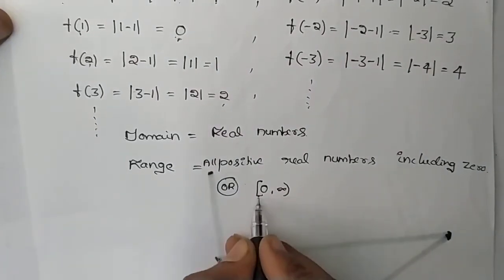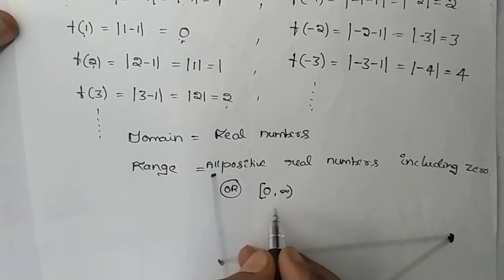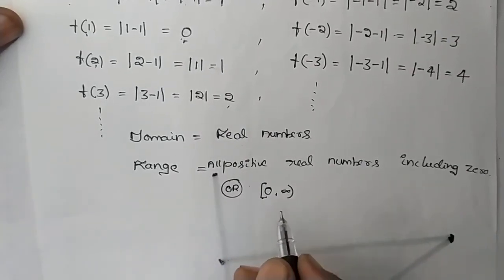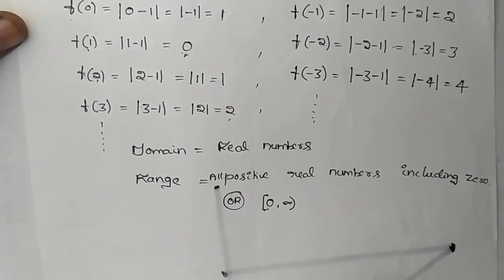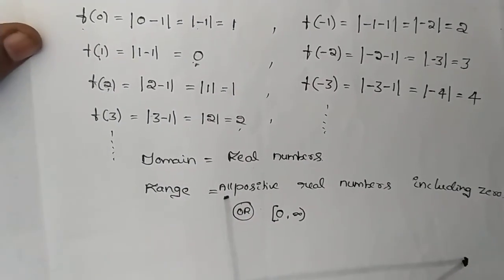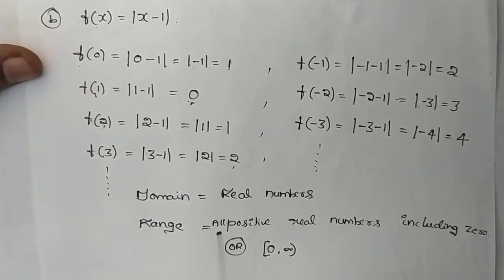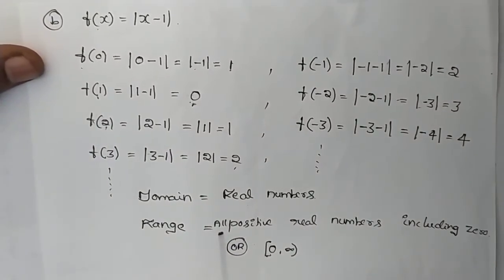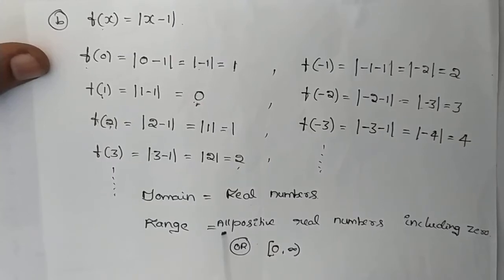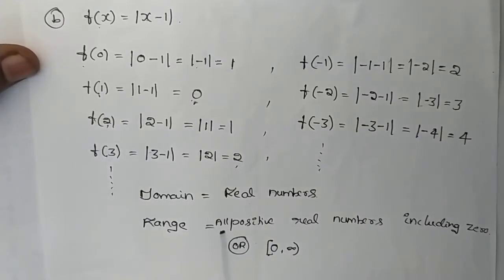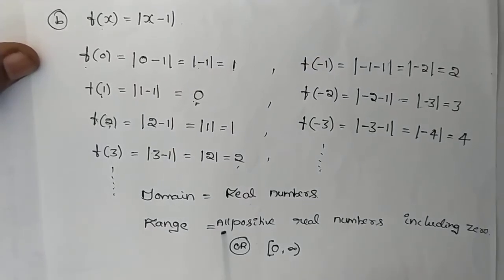These kinds of symbols you are going to learn in your first topic, that is sets. Hence, it is the domain and range for the function f of x equals modulus of x minus 1. You can note down this question in your notebook. Kindly do not make any kind of mistakes.